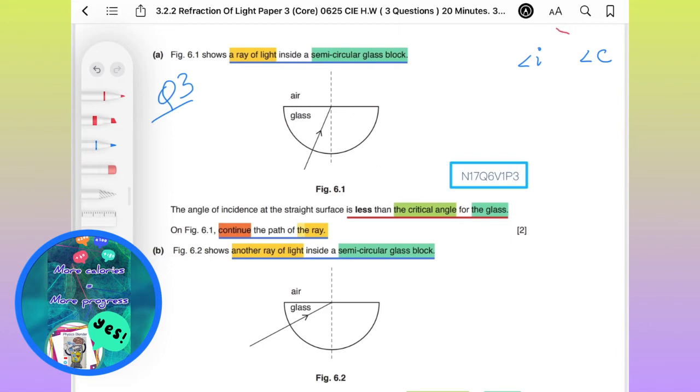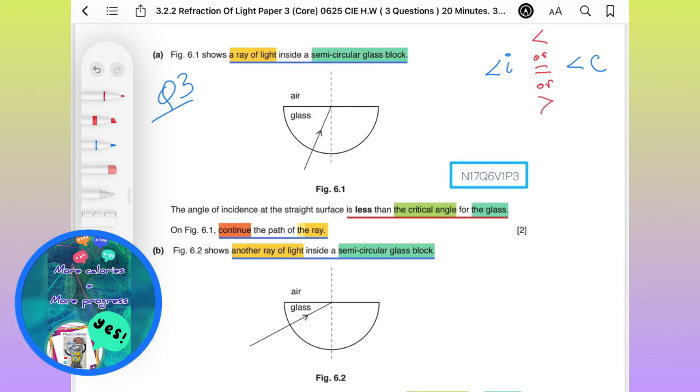It could be greater or equal to or, I will write them in order. So we have angle of incidence and critical angle according to our usual order. So it could be less than or equal to or greater than.